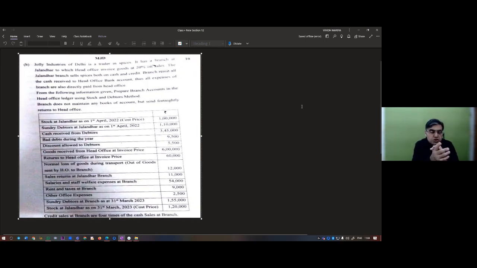Guys, the question says Jolly Industries of Delhi is a trader in spices, with a branch at Jalandhar, to which the head office invoices goods at 20% of pro forma invoice price.